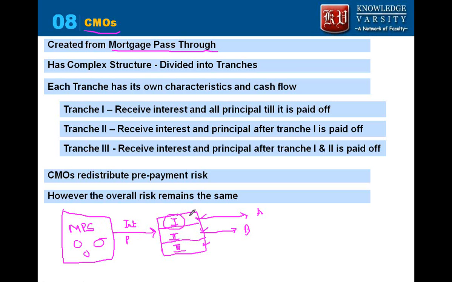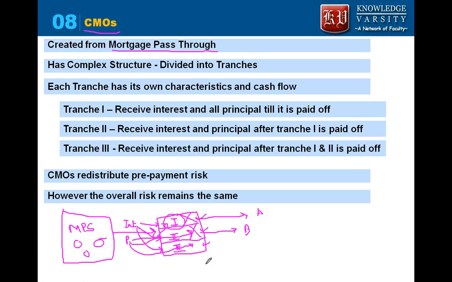This tranche has the shortest maturity, because with every payment it gets interest plus principal. Interest is received by all three tranches, but in the beginning principal goes only to the first tranche. Once its principal is paid, principal starts going to the second tranche. Once the second tranche principal is paid, principal starts going to the third tranche.